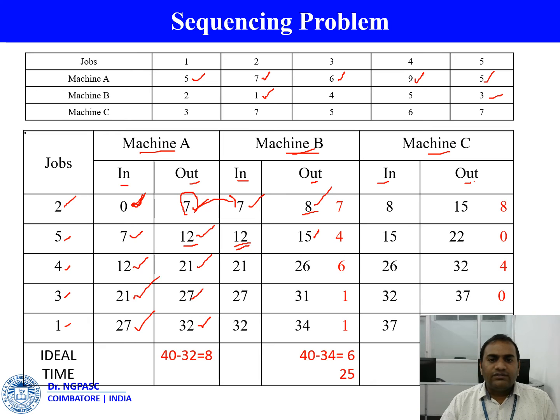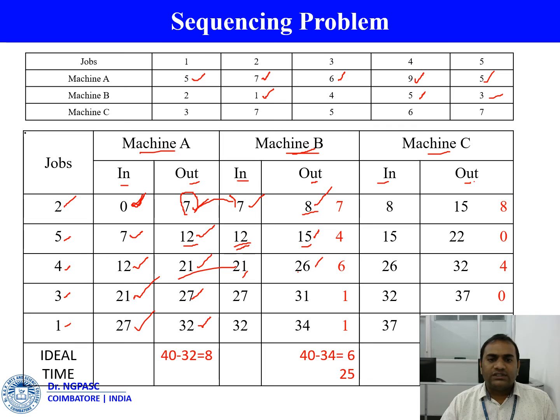Then 15 is here, and the output of job 4 is 21. Comparing these two values, 21 is the greatest value. So enter 21 as the input time of machine B. In machine B the processing time for job 4 is 5. So 21 plus 5 is 26.